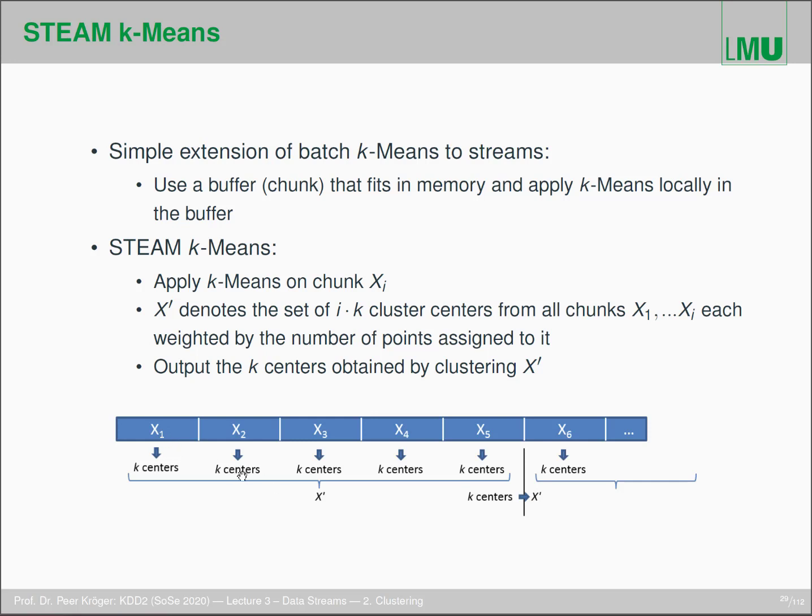The k cluster centers obtained from X2 are summary information from X2, and so on and so on. And you use the summary information from all those chunks, the k cluster centers from all those chunks, to compute a final clustering for a given time period here.